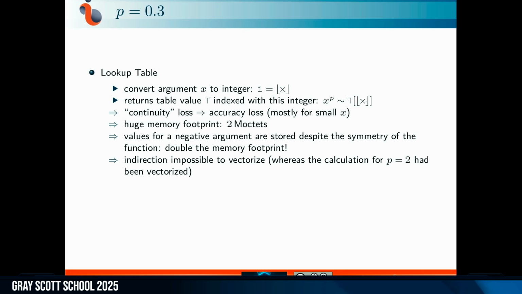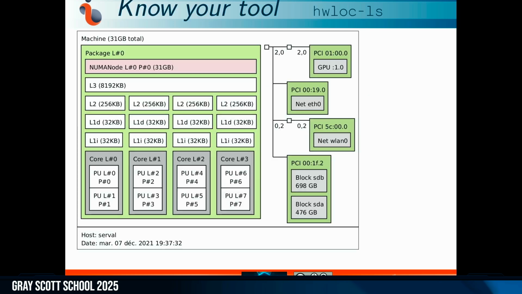What is more, when you look in a lookup table, this is an indirection, so it's impossible to vectorize, whereas the computation for p equal to 2, they had vectorized with intrinsics. So all the things you don't want to do, particularly when you see here that the L3 cache has 8 megabytes, but all the other caches will suffer a lot from this huge lookup table.